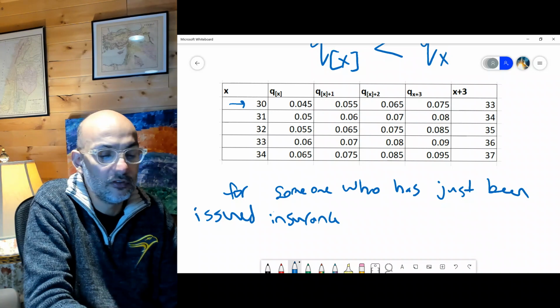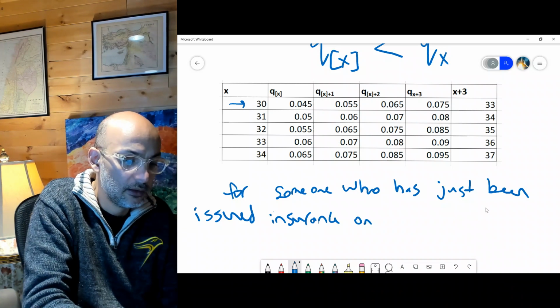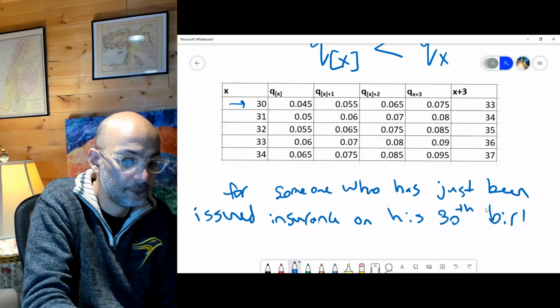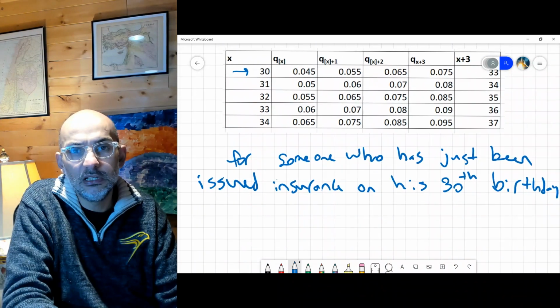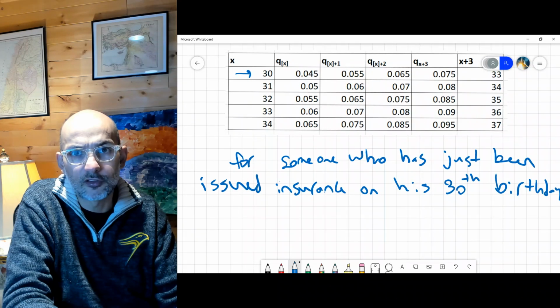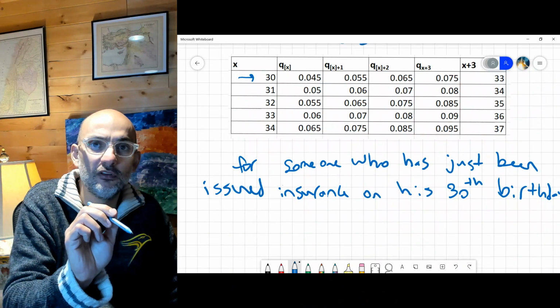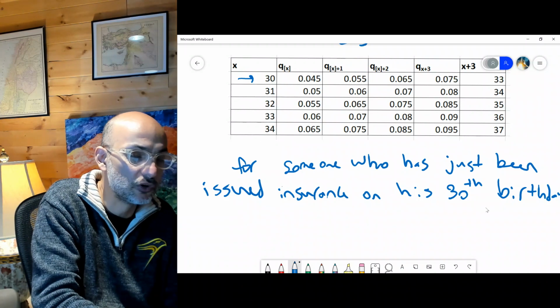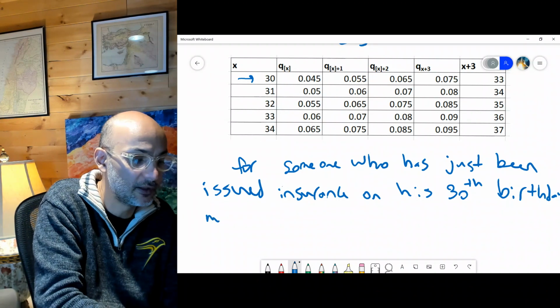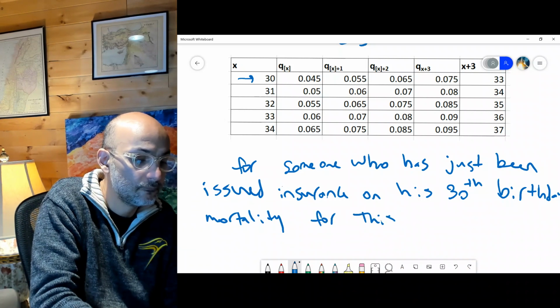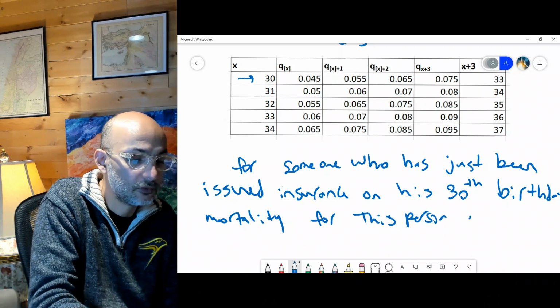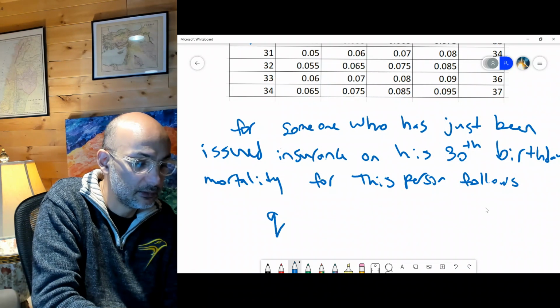So the insurance policy was issued on his 30th birthday. So for someone who has just been issued an insurance policy at age 30, the mortality for this person follows this way. So we have somebody issued at age 30.